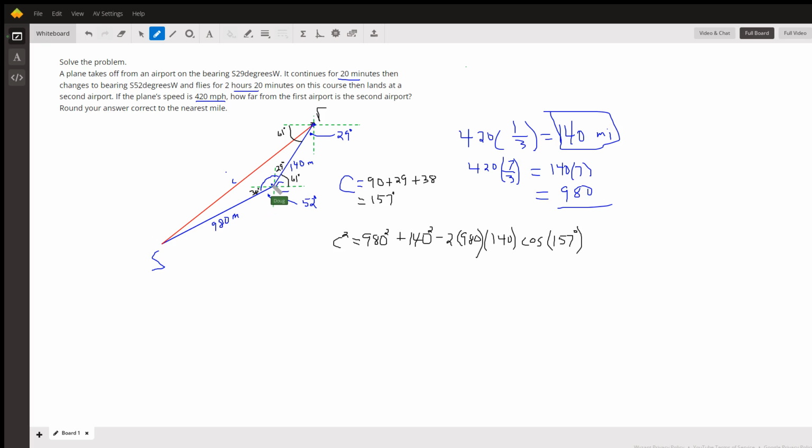We can see that this part right here is a 90-degree angle. And if this is 52 degrees right here, for 52 degrees west, that leaves 38 degrees to make up the 90 that goes here. And there's a couple ways to figure out that this is a 29-degree angle.